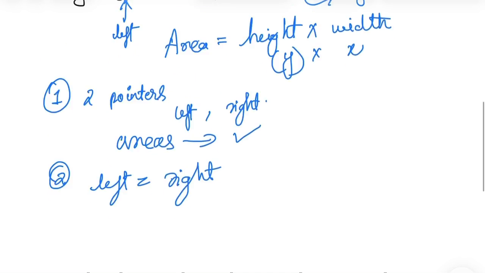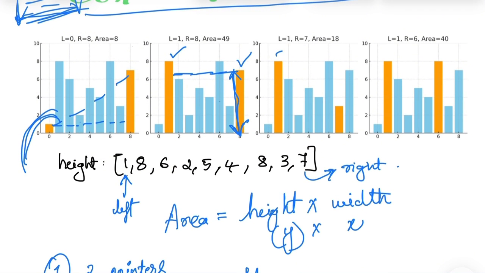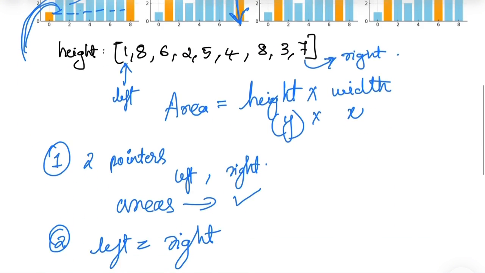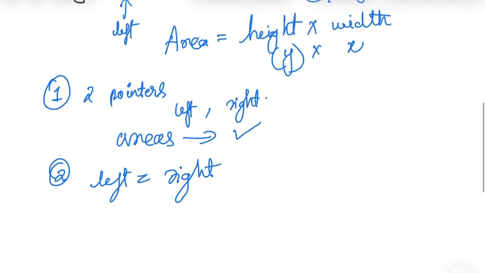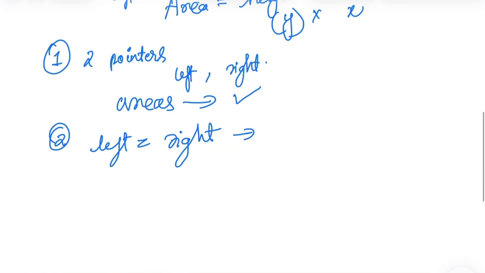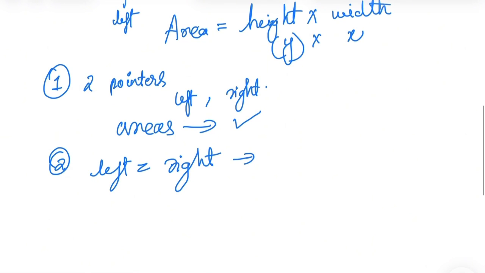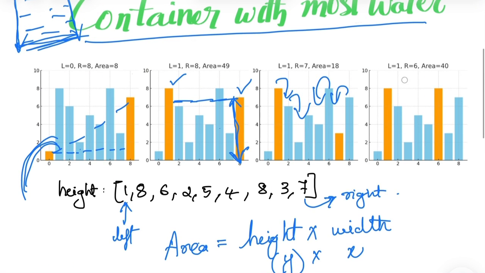What I mean is we have to keep moving forward until we run out of x-axis, because that's when we can't find a container if both the pointers are equal to each other. We just have to keep going. Okay, how do we keep moving?